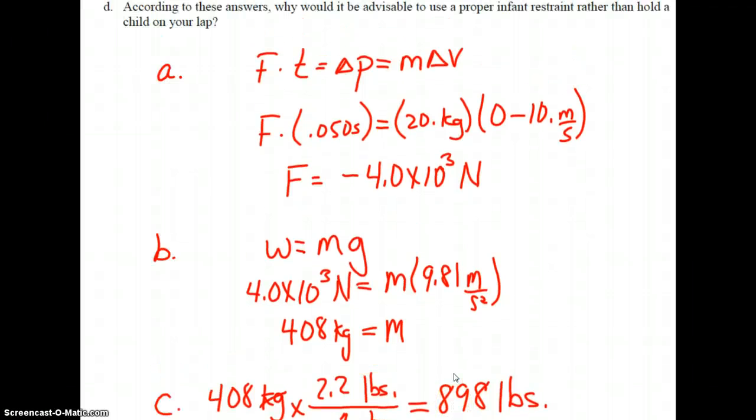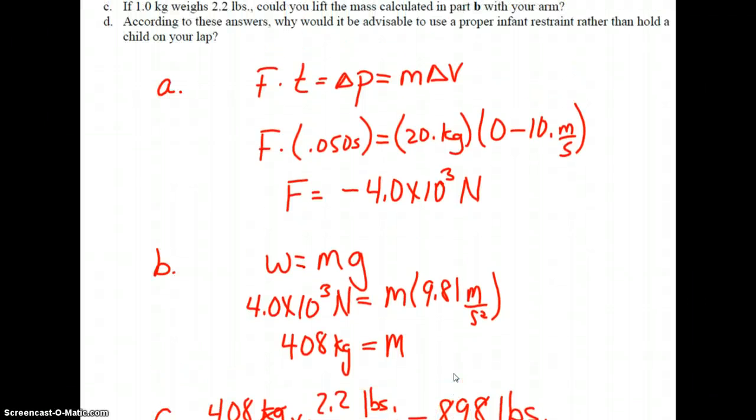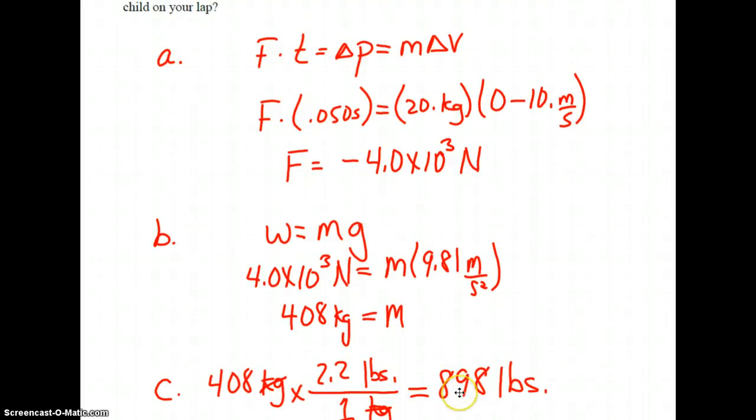Obviously the answer is no. So it would be much more advisable to have an infant in a proper restraint system, rather than hold this child on your lap, because you would have to exert 898 pounds of force to prevent the child from crashing into the dashboard or going through the windshield. You obviously are not going to be able to do that, especially with just your arm.